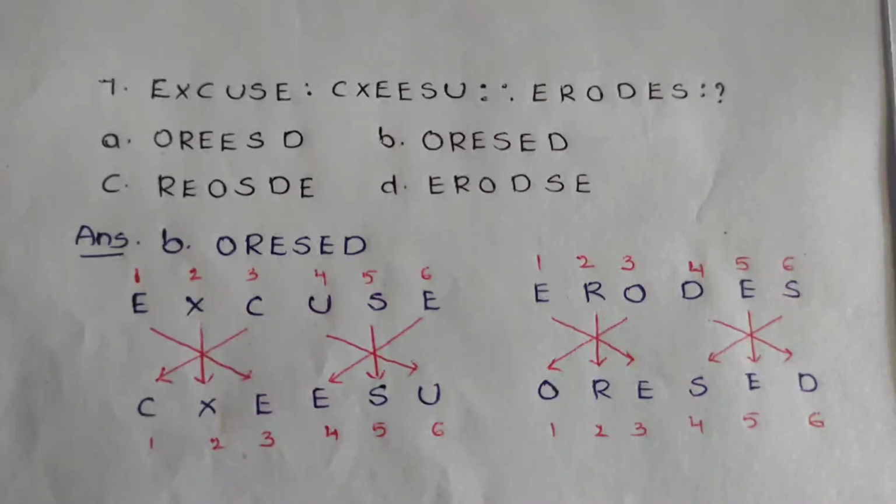So following the same method, we have split ERODES into two pairs, and the first pair is ERO and the second pair is DES.